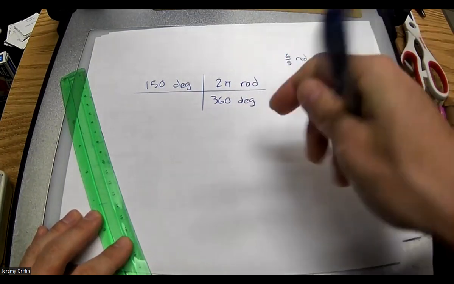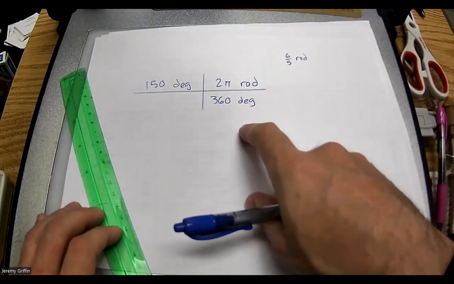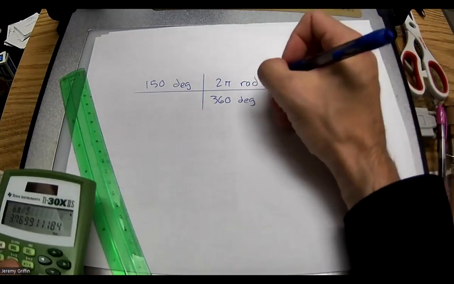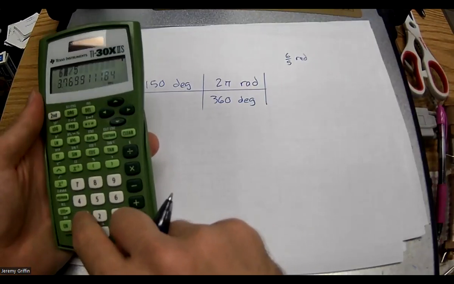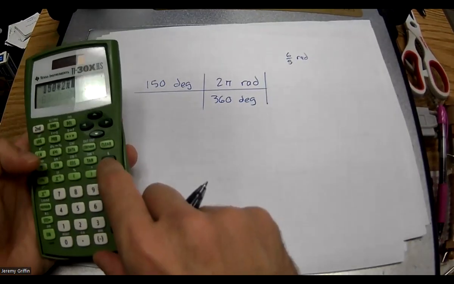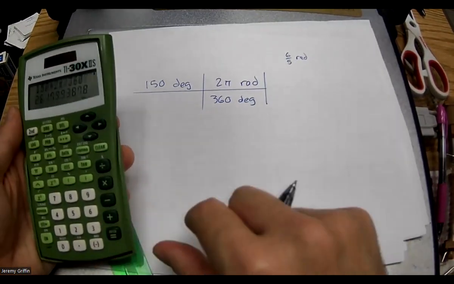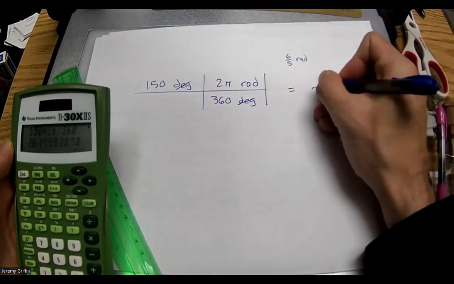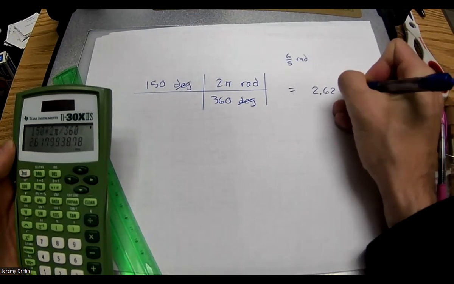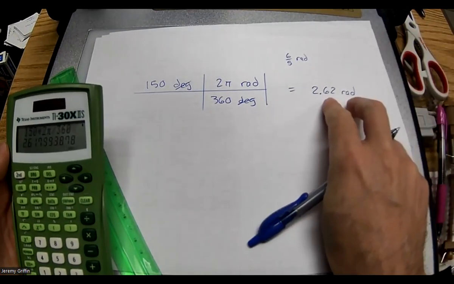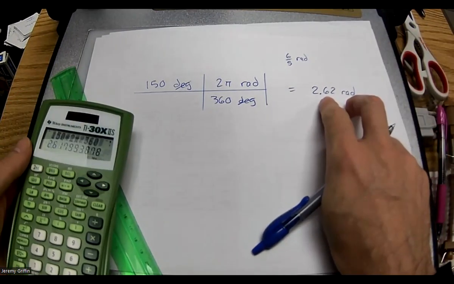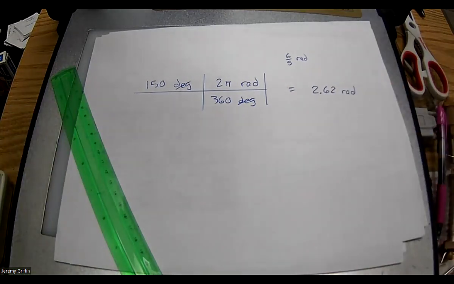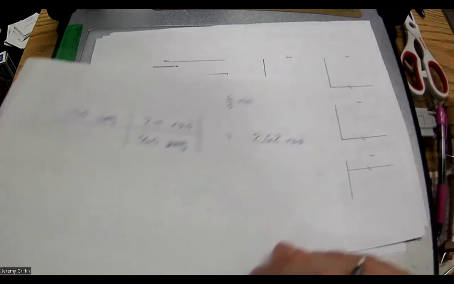Or if you like, you could have done pi over 180, the same ratio. A lot of students like to do that, and actually I like to do that too. Let's see what this is. It's 150 times 2 pi divided by 360. I'm looking at 2.62 radians. That's probably too much precision. You guys getting that too? Did that right?